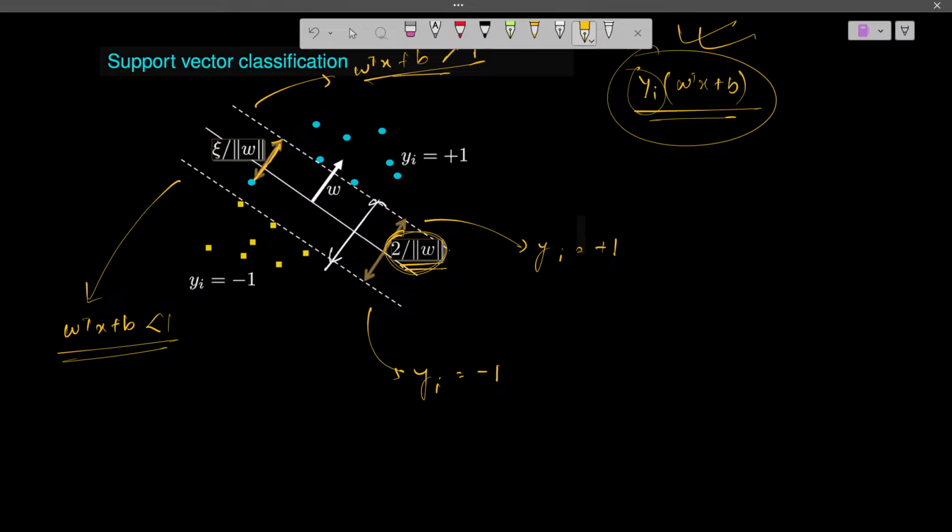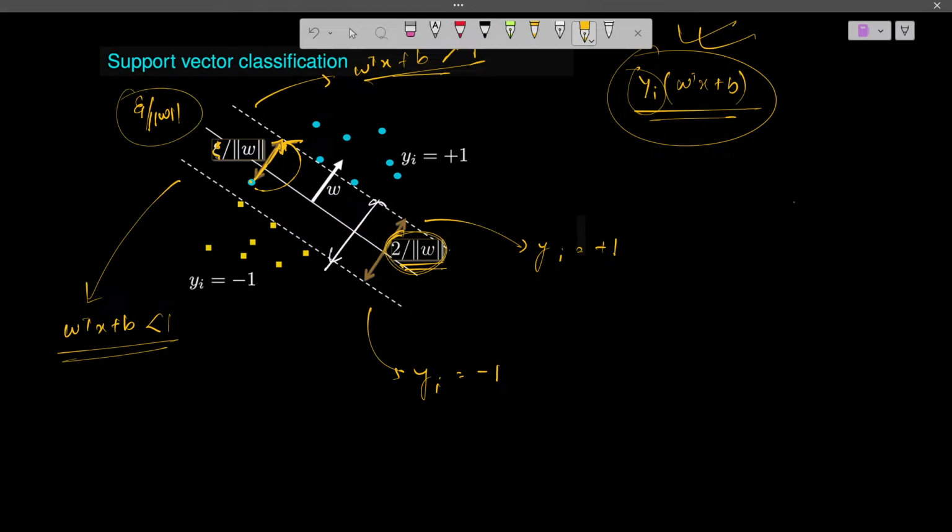So we can say this point should have been here if it was a normal point, but this is kind of in enemy territory. This is its home territory, but somehow it got into enemy territory. So this distance we call slack, and if we consider the exact distance, the modulus distance, then it is xi upon mod w.